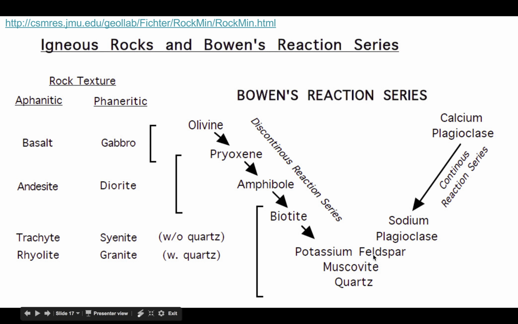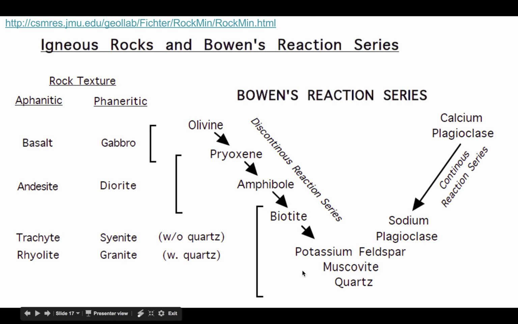Let's say we've got a rock that has all these minerals, so peridotite. If you just applied a little bit of heat, you'd partially melt some of these minerals, and so your melt would end up being enriched in the minerals that tend to melt first.